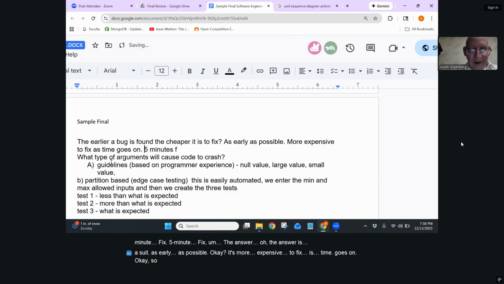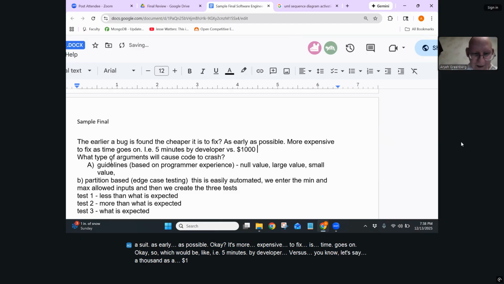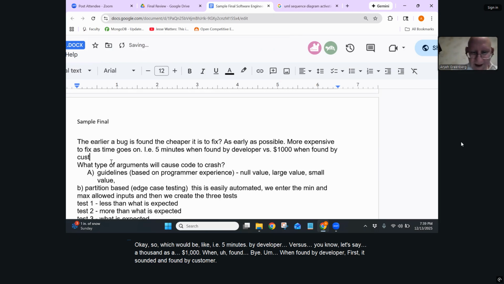So, for example, 5 minutes when found by the developer versus, let's say, $1,000 when found by the customer. It's actually probably even more than $1,000. It could be a lot of money.